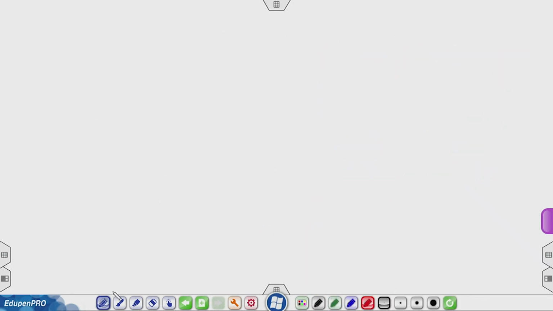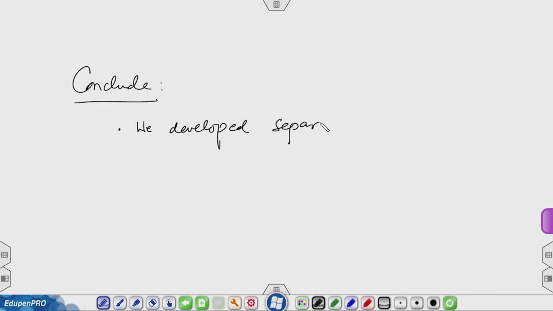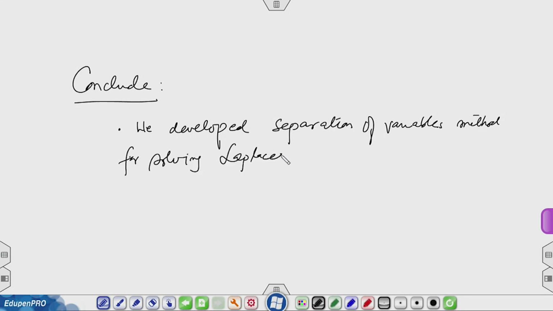Let me now conclude this lecture by stating that we developed separation of variables method for solving Laplace's equation in cylindrical coordinates.